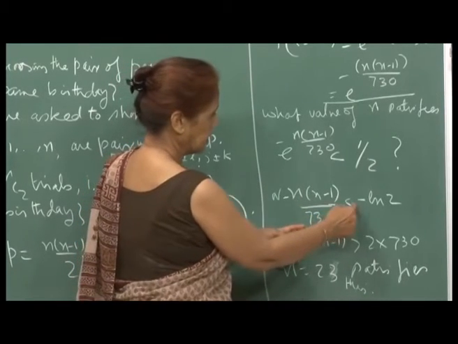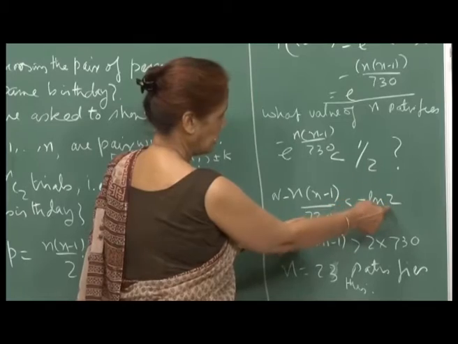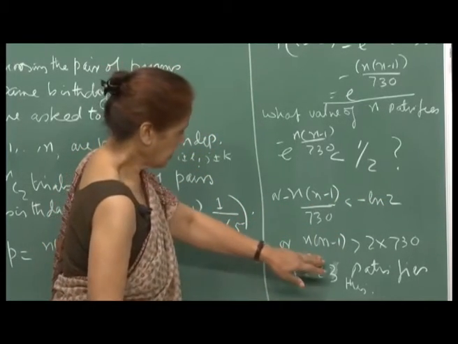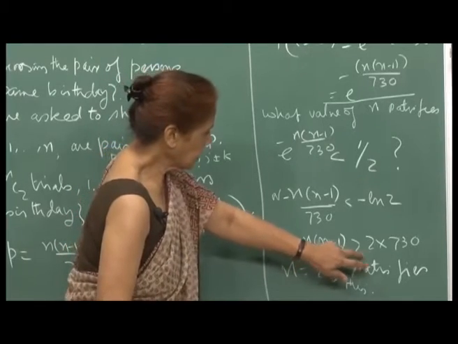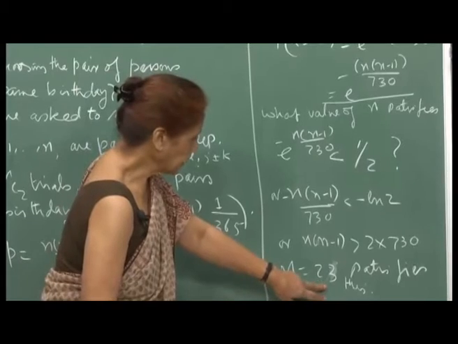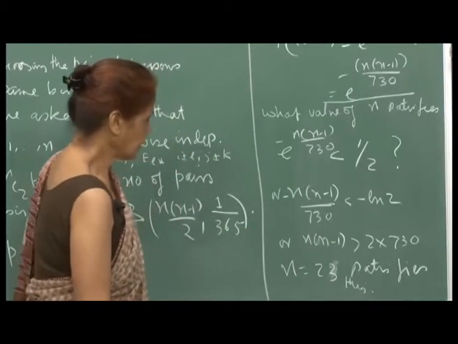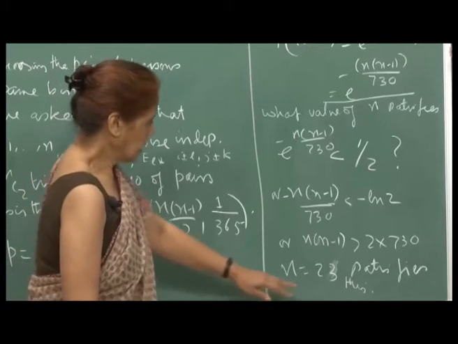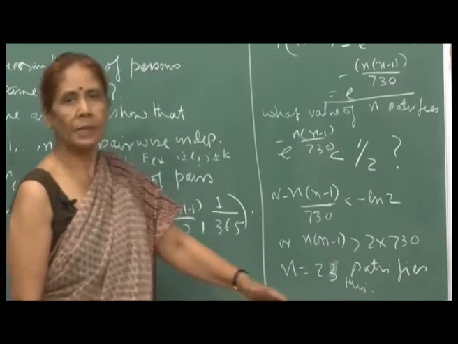So, this is less than minus ln 2, right. So, minus minus cancels, the inequality reverses. Therefore, n into n minus 1 is greater than 2 into 730, and you can see that n equal to 23 will satisfy this inequality. And therefore, this also is validated.